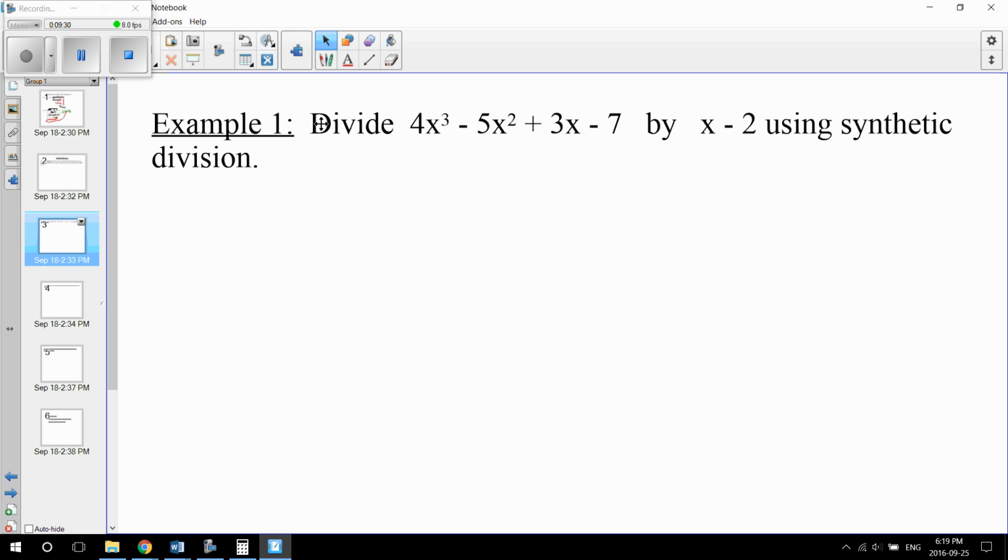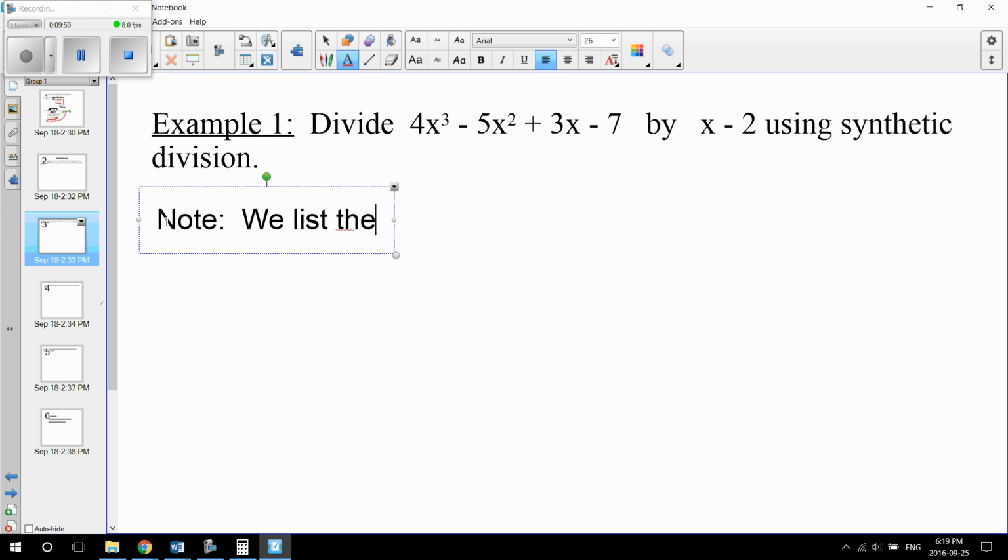So our example number 1, it asks us to divide this polynomial by x minus 2, and this time we're going to use synthetic division. So what we do with synthetic division is we need to list what our k value is, and that's the number with our binomial here.